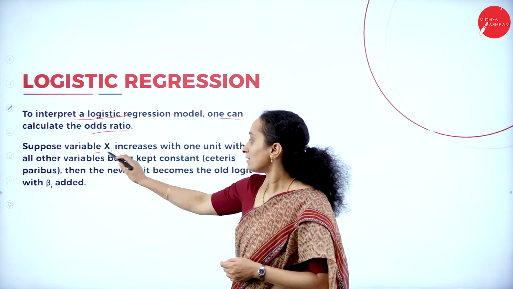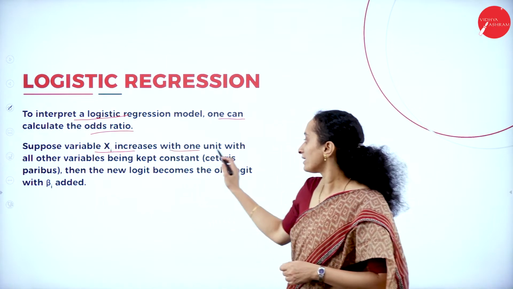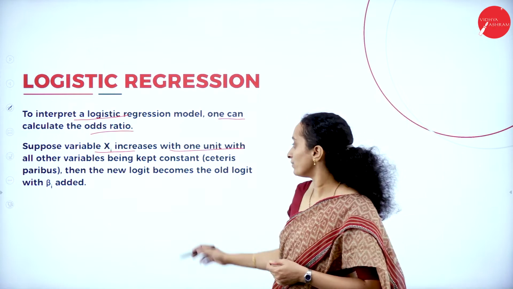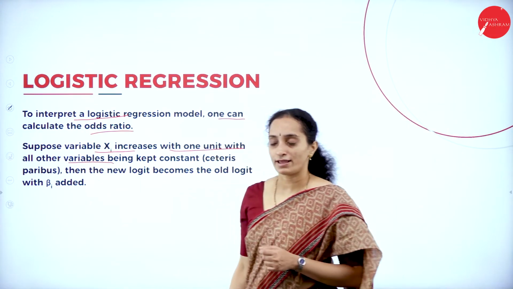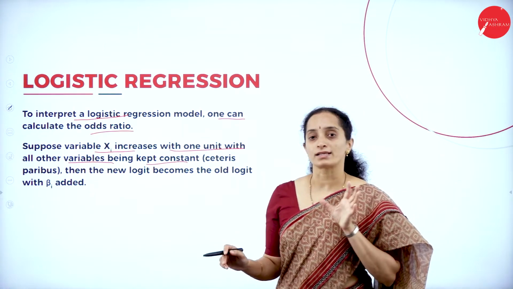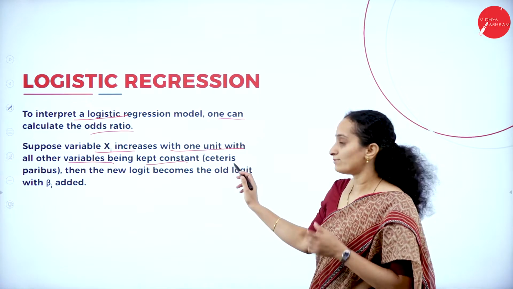What happens? Suppose variable xi, an input variable, increases by 1 unit, with all the other variables kept constant. Only one xi will increase by 1 unit.